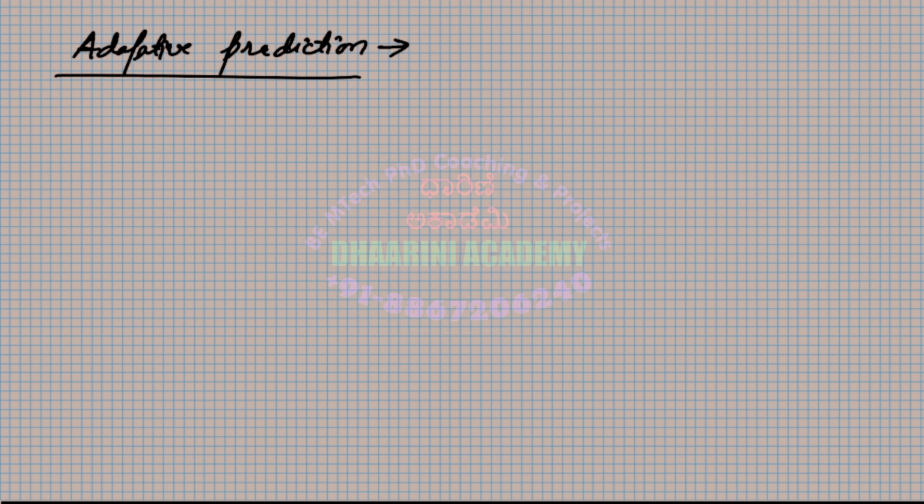As it says, we are going to predict something. Since it is a DPCM, we are going to deal with the levels. From the current bit to the next bit, what is the amount of change that you get from the current symbol to the next symbol?